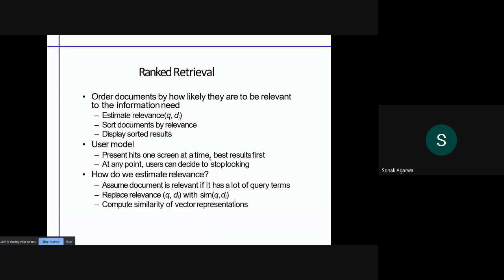Although it seems a very good idea to organize the documents by rank, how can we calculate the rank or relevance, especially in the big data scenario where the data size is in exabytes? With a very simple understanding, we can assume that a document is relevant if it has most of the query terms.